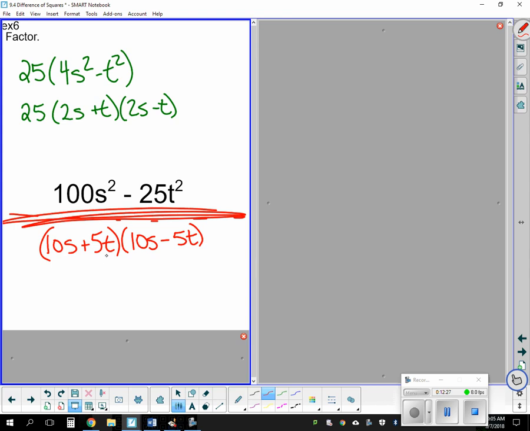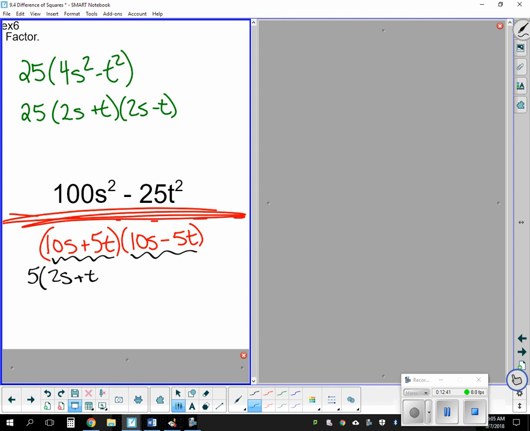So you may have just done this. The problem with doing that, you still have a GCF in this group and a GCF in this group. Out of this group, you would need to pull out a 5. Then you'd be left with 2s plus t. But in this group, you also have a 5, so you'd have to pull that out as well, and you'd be left with 2s minus t.